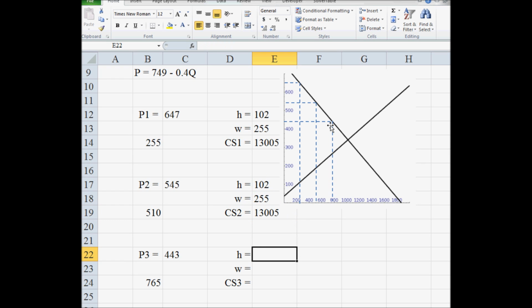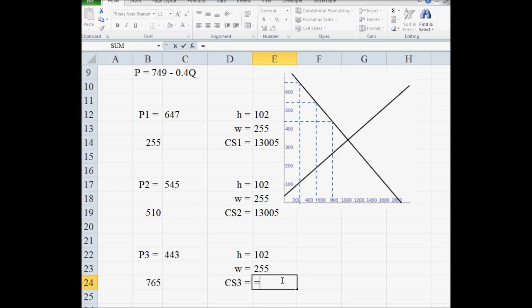For the third triangle, for the third consumer surplus, the height of the triangle is the difference in the last two prices, and the width of the triangle is the difference in the last two quantities.